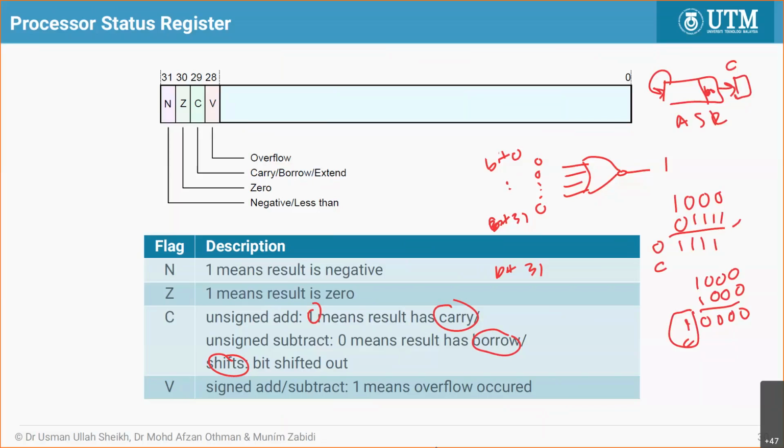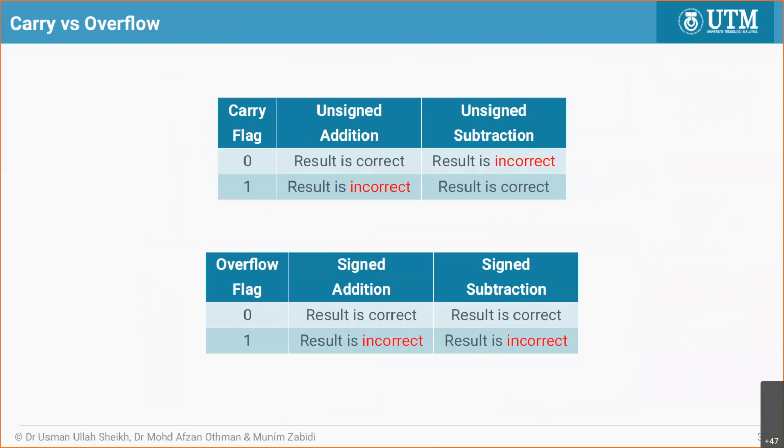And lastly, we have the overflow bit, which is only meaningful for signed numbers. I don't have the complete details; this is already in shortened form. If you are doing unsigned addition, a carry flag of 0 means the result is correct. So you want a carry bit of 0 after you do unsigned addition.